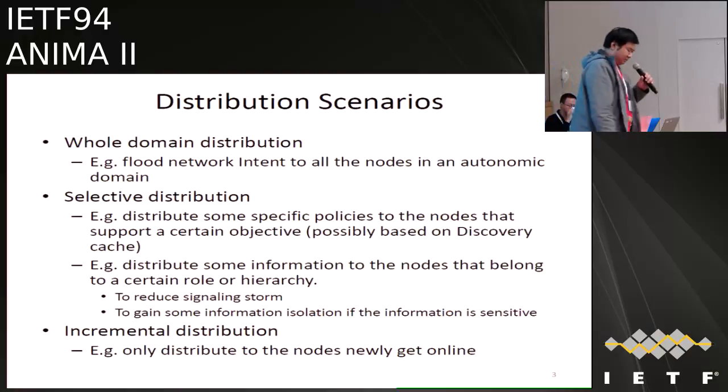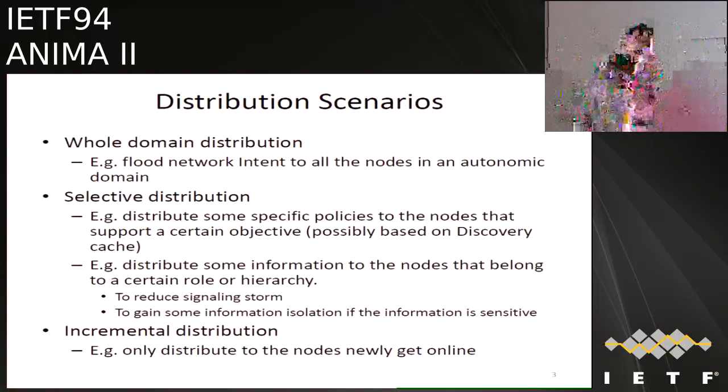For example, as presented in the prefix management scenario, in the API network there are mainly 3 or 4 roles, ASG, RSG, etc. We can distribute the information to specific roles, or to the nodes located in a certain hierarchy, so that in this way we could possibly reduce the signaling storm.